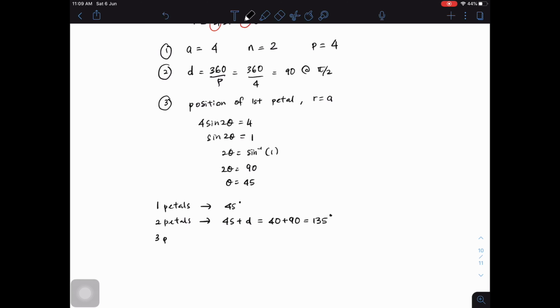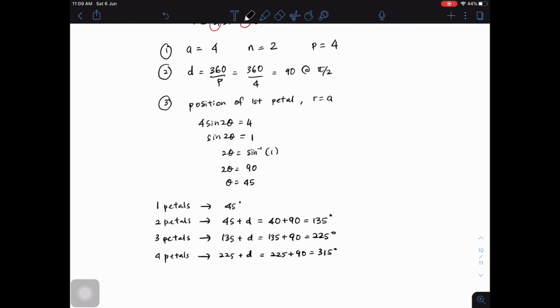The third petal will be at 135 plus D, therefore 135 plus 90, you will have 225 degrees. And the fourth petal, the last petal that you have for your rose, is at position 225 plus D, therefore you have 225 plus 90 equal to 315.